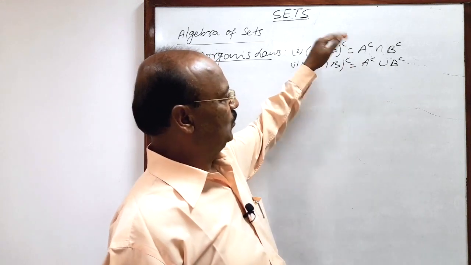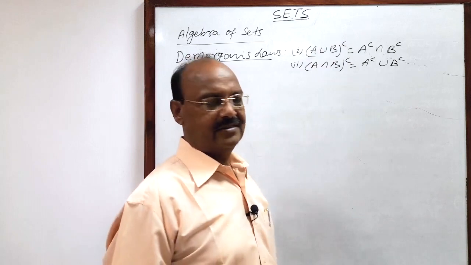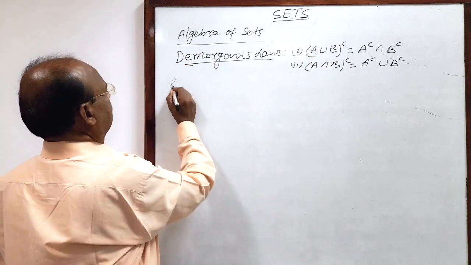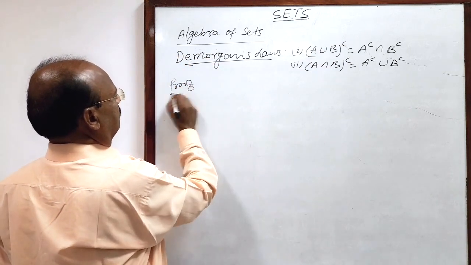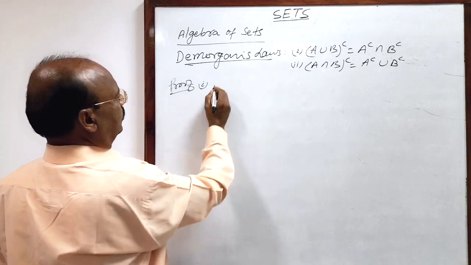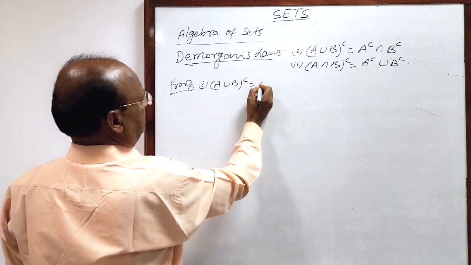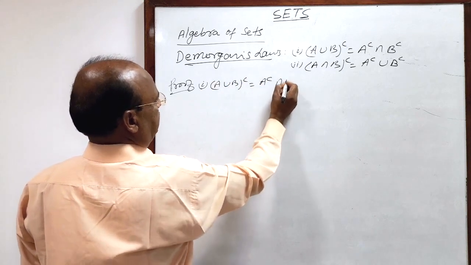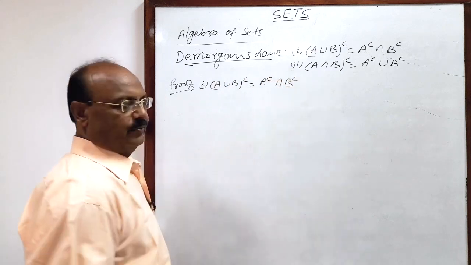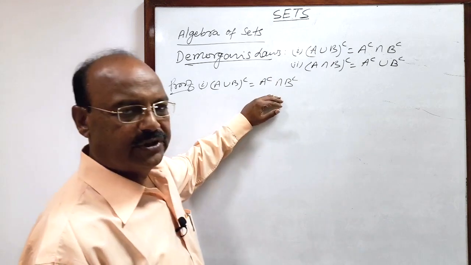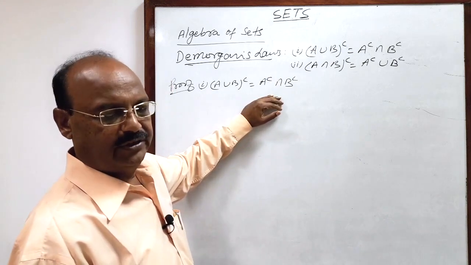The proof of these laws is very interesting. So let us see the proof of the first law: (A union B) whole complement is equal to A complement intersection B complement. Here we will use some properties of set theory.